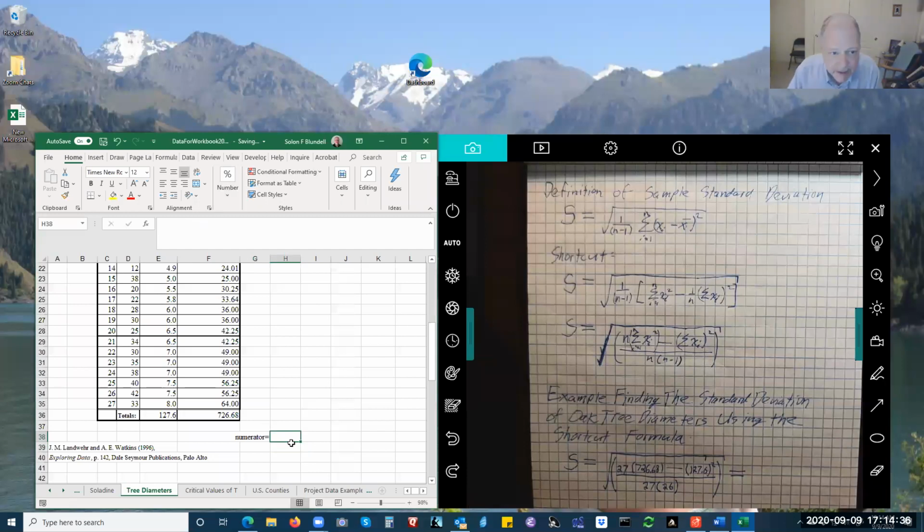So let's see. I want to do my 27 times 726.68. I just click on the numbers. I'm less likely to make mistakes if I click instead of type.